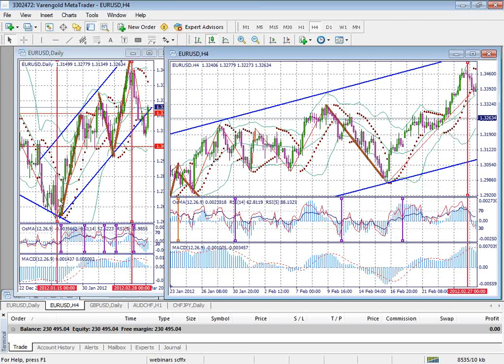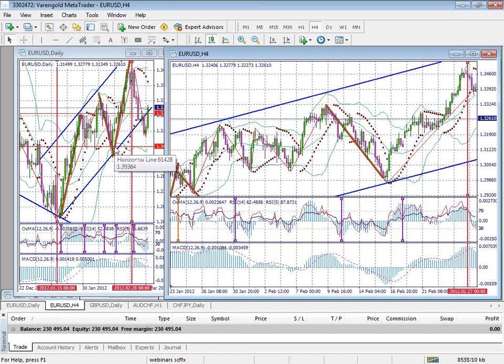We have the channel when we have the first wave, and we have to see where the second wave is retracing. As long as the currency stops in this point and reverses, on the daily chart, we have a channel, and we can have an idea about how big the next wave will be.